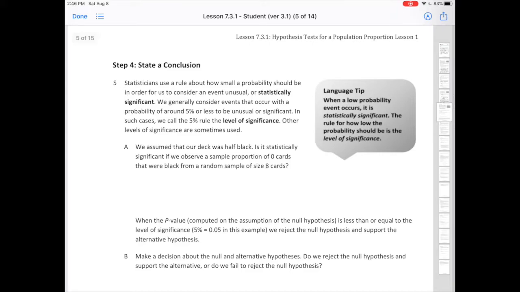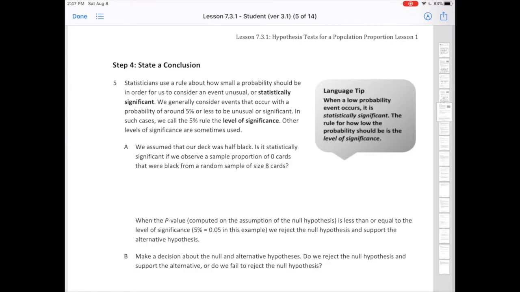Step 4, state a conclusion. Statisticians use a rule about how small a probability should be in order for us to consider an event unusual or statistically significant. So there's another buzzword, or another definition, that we should know, called statistically significant. If a p-value is low enough, we consider it statistically significant.